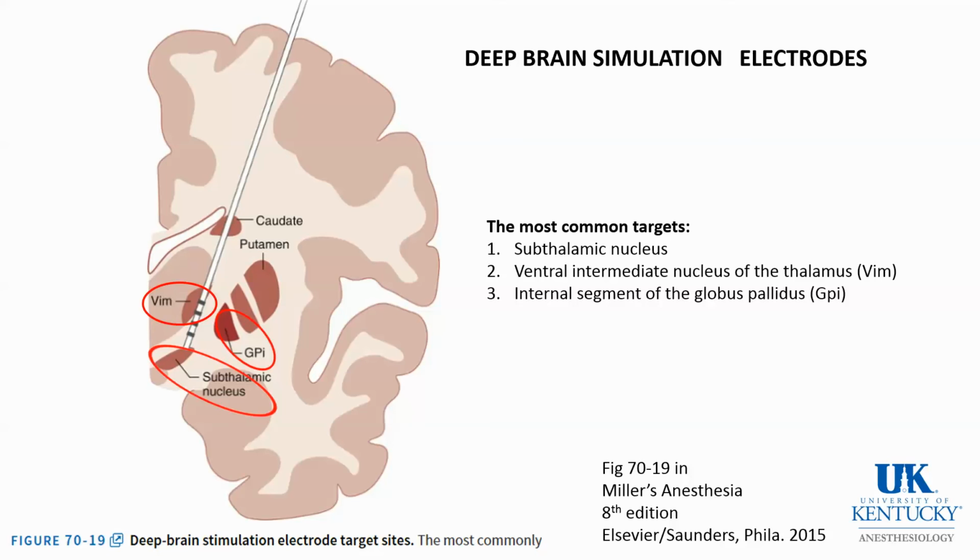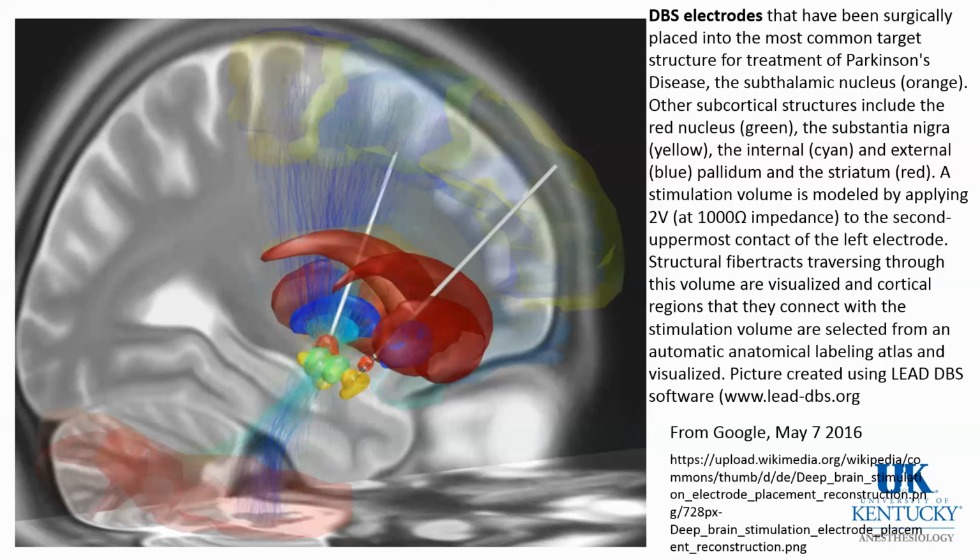The most common targets are the subthalamic nucleus, the ventral intermediate nucleus of the thalamus, and the internal segment of the globus pallidus, as shown on this diagram. This is a 3D depiction of these same structures.